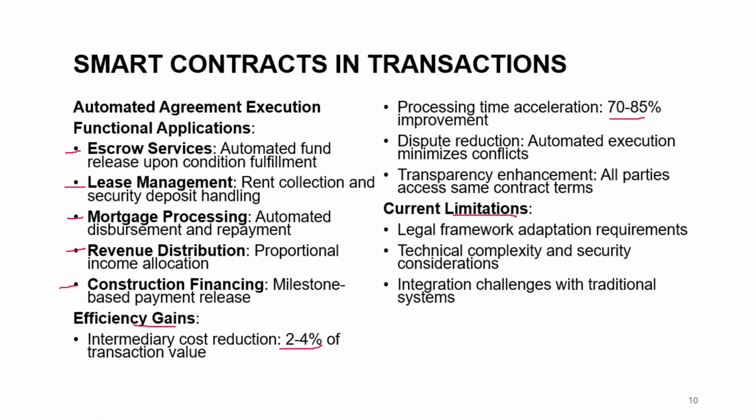And then we have current limitations also in this area, which include local framework adaptation requirements, technical complexity and security considerations, which require specialized expertise, and integration with traditional systems remain the challenges of this area. So these are your smart contracts and transactions.